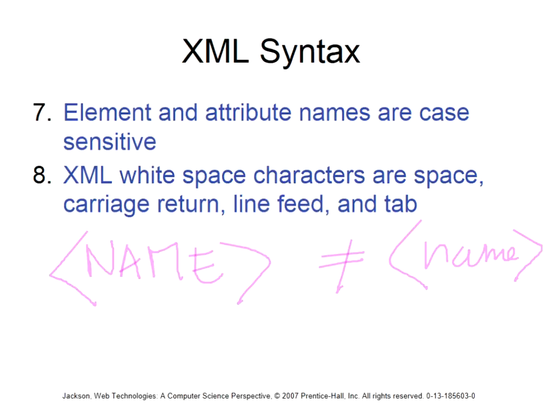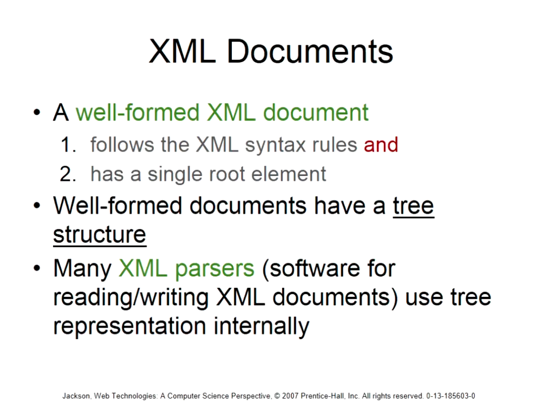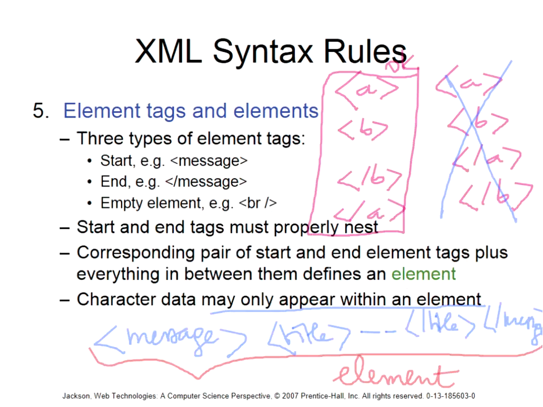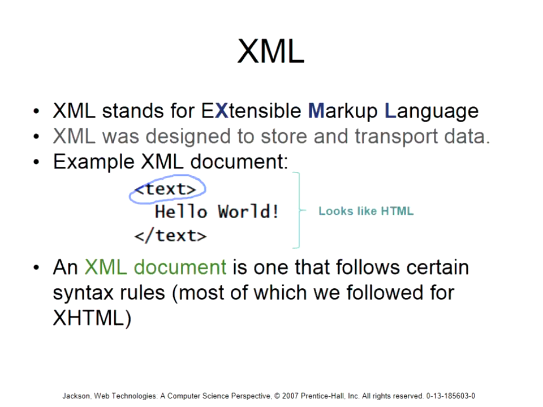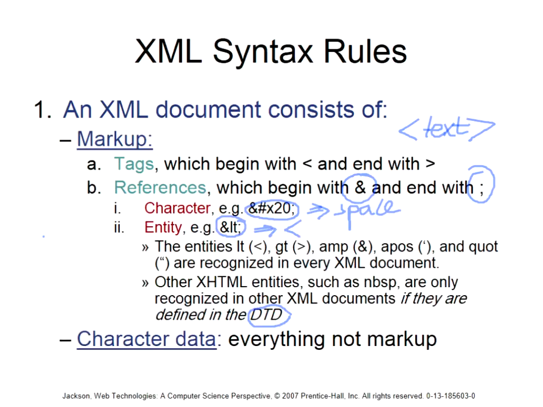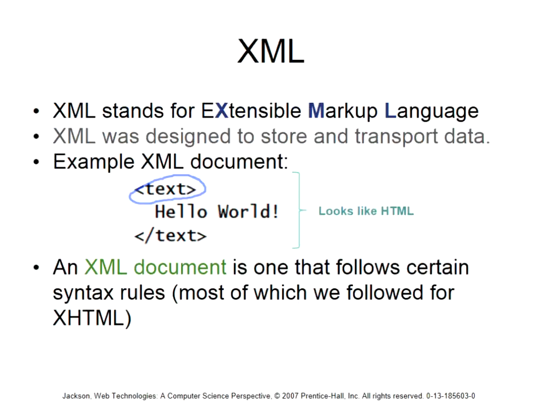Rule number 7. Element and attribute names are case sensitive. So in an XML document, when I write, for example, name like this as a tag, it is different than Name.